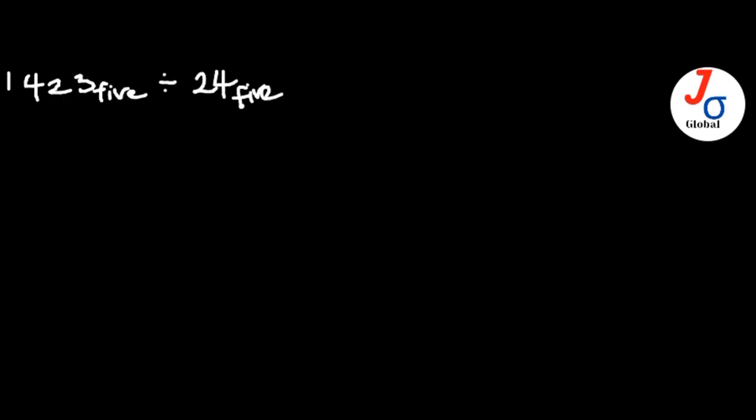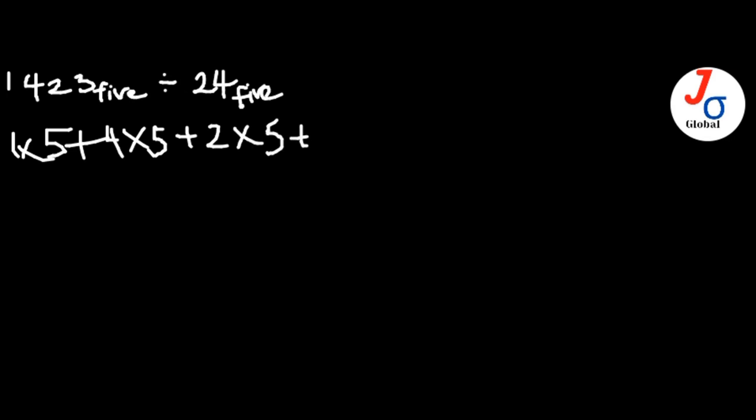So here we have 1423 base 5 divided by 24 base 5. I'm going to convert to base 10 first. 1 multiplied by 5 plus 4 multiplied by 5 plus 2 multiplied by 5 plus 3 multiplied by 5.